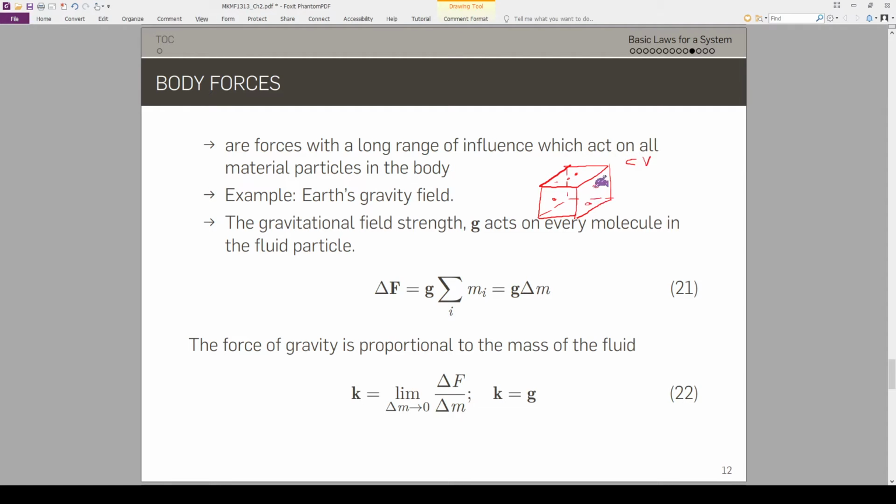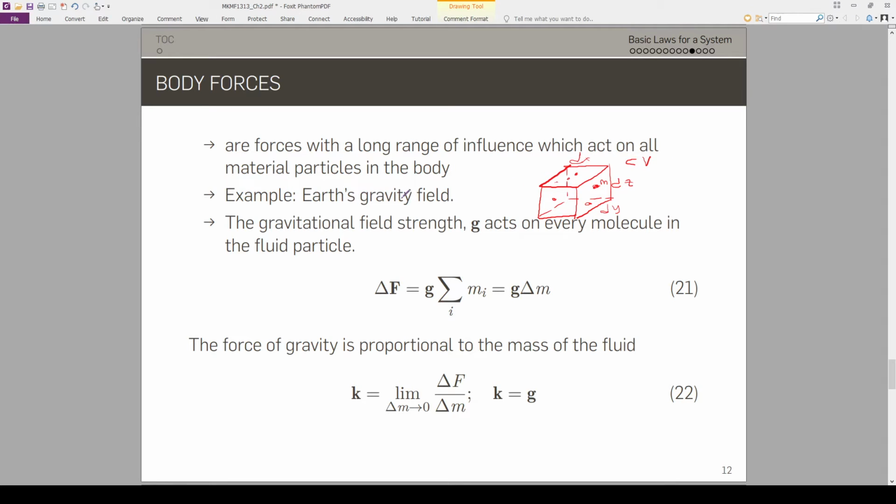Each fluid particle contains its own mass. If we add all the particles in this control volume, it gives the mass of this particular volume of size dz, dy, and dx.